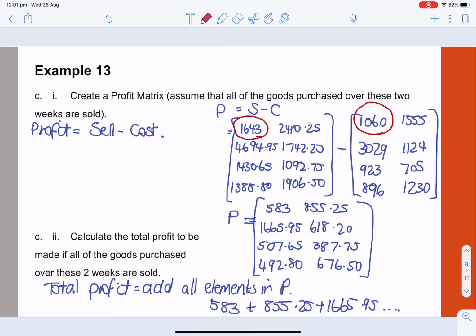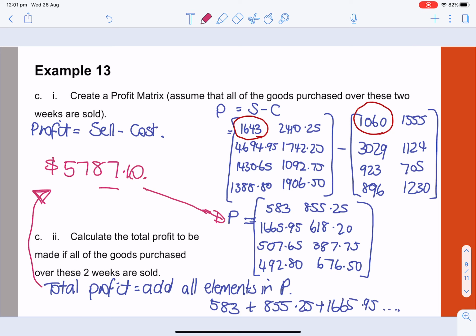And our total profit dollar figure is 5787.10. So all I did was I added all of these elements together to get my profit of $5,787.10.